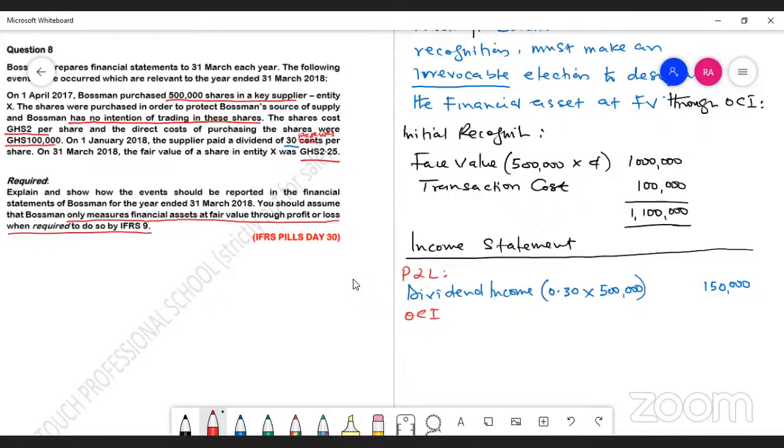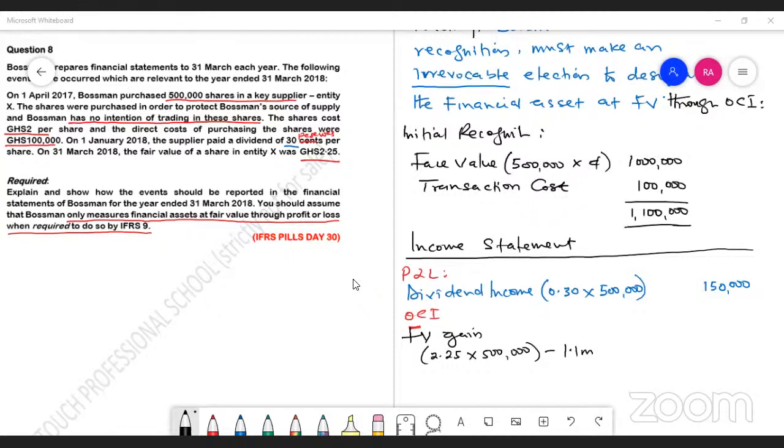So OCI will be a fair value gain: 2.25 times 500,000 minus the 1.1 million, the initial amount recognized. 500,000 times 2.25 is 1,125,000.